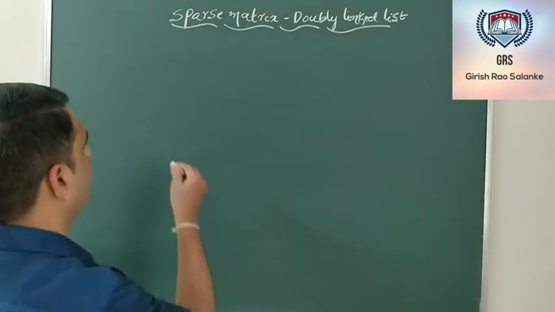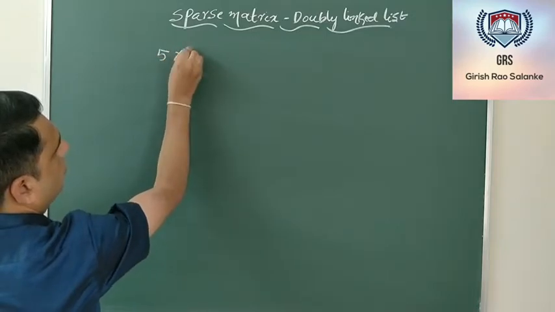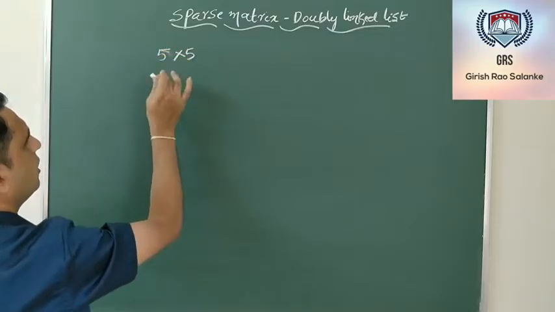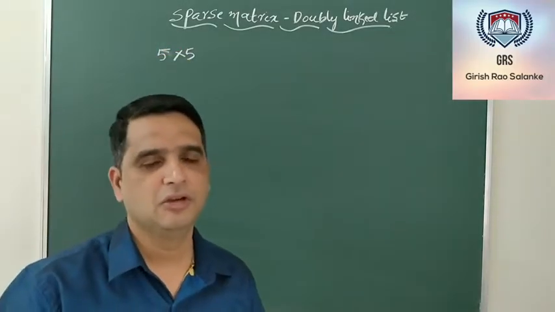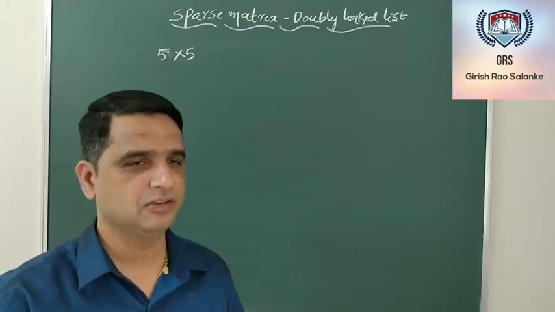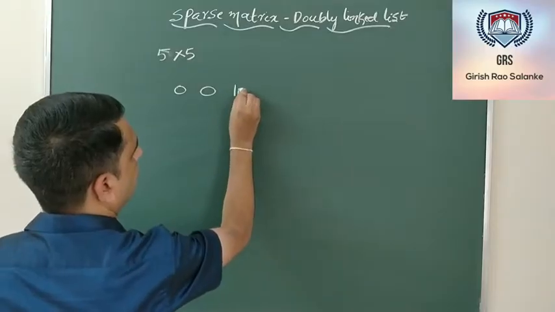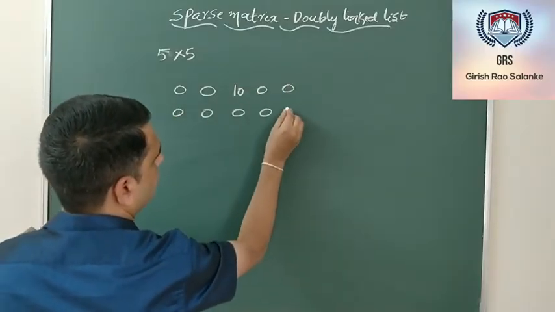In the sense, if I take a matrix of order 5 cross 5, we know that in case of a 5 cross 5 matrix, we can store 25 elements. Assume that in the first row there is one non-zero element as 10. In the second row, I will assume that there are no non-zero elements at all.